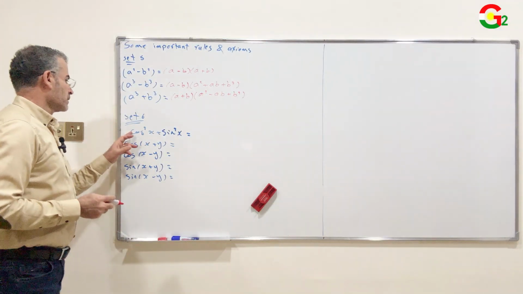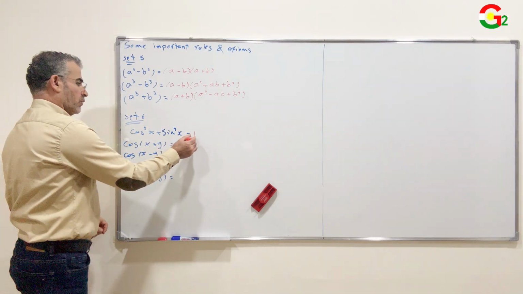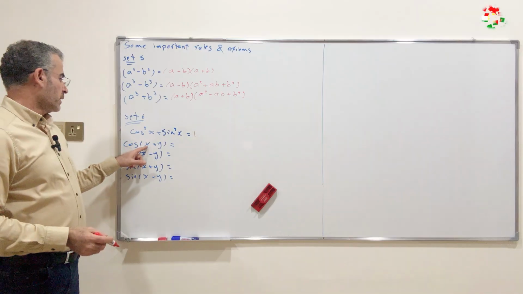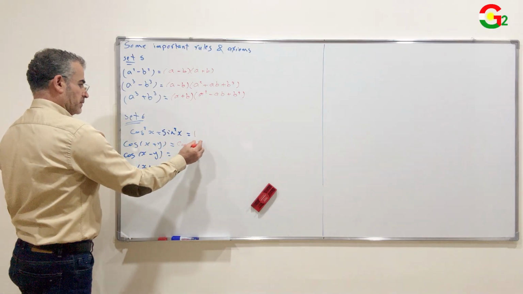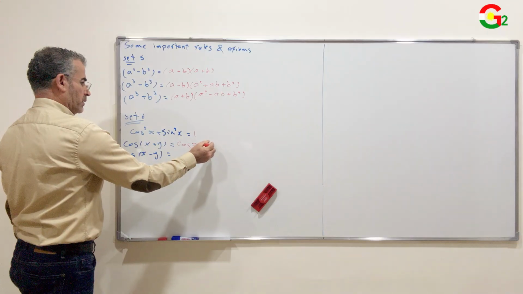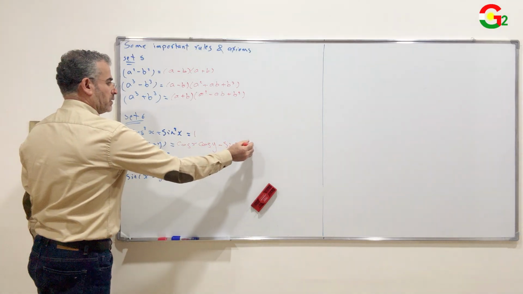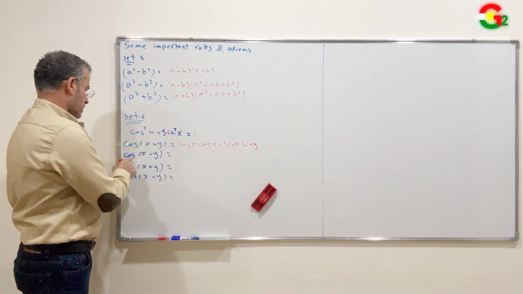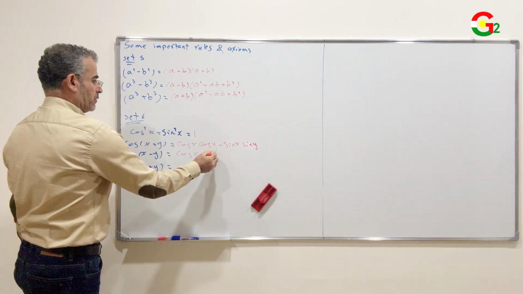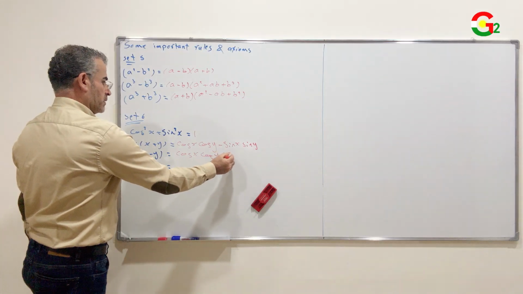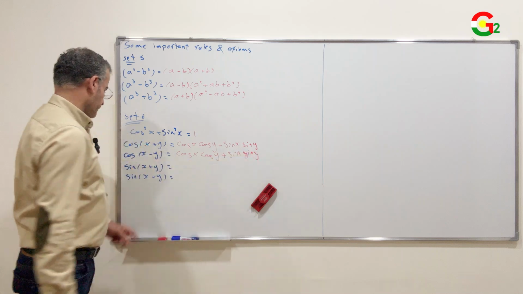Set 6. Cosine square x plus sine square x equals 1. Cosine of x plus y equals cosine x cosine y minus sine x sine y. Cosine of x minus y equals cosine x cosine y plus sine x sine y.